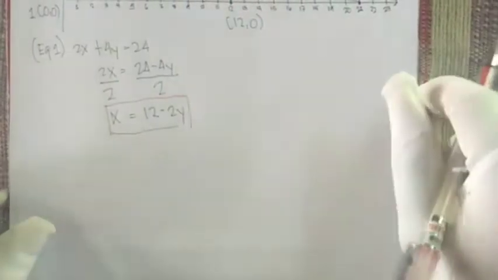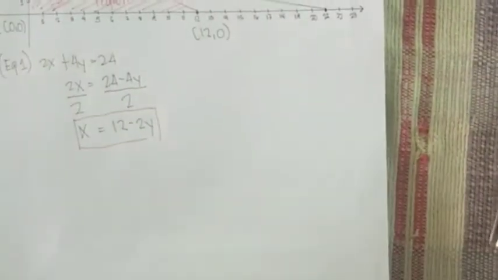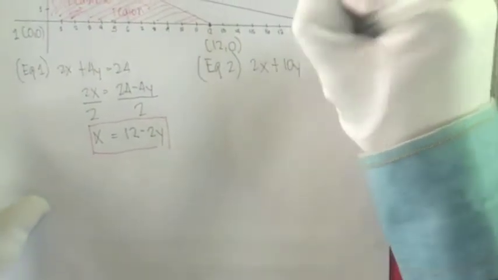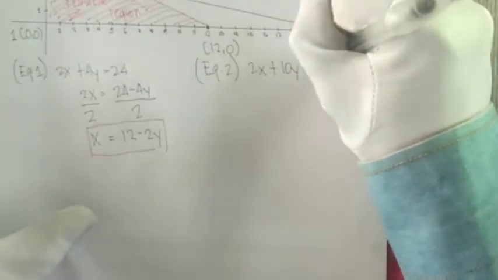We can use it to substitute in equation 2 to get the value of y. So our equation 2 now is 2x plus 10y equals 42.